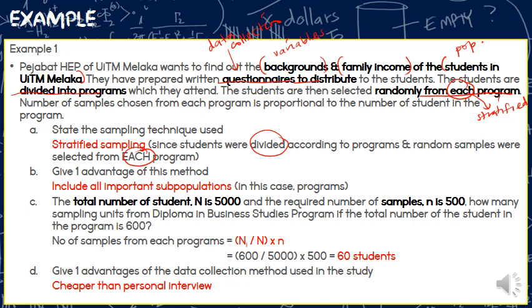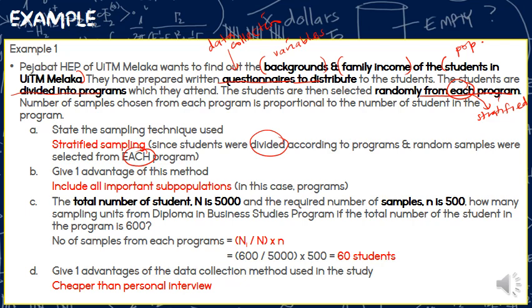One advantage of this method. So, dia suka tanya advantage stratified sampling. So, bila pakai stratified sampling, dia will include all important subpopulation. In this case, subpopulation tu adalah program. So, bila you pakai stratified sampling, you akan pilih sampel daripada setiap program.